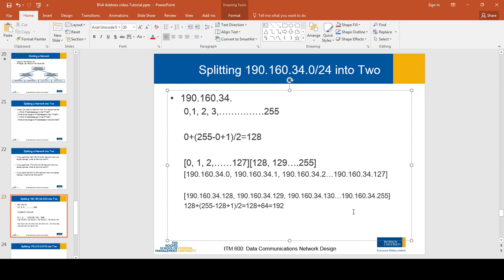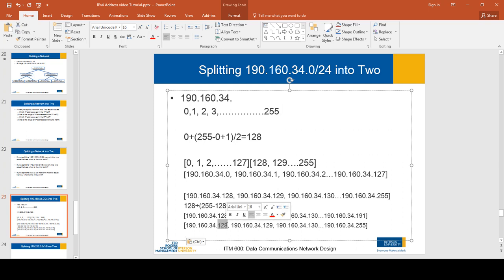So 128, 129, and then 192 is the start of the second half, so the first half will end at 191, and the second half would start at 192, and then 193, and then 194, and goes up to 255.